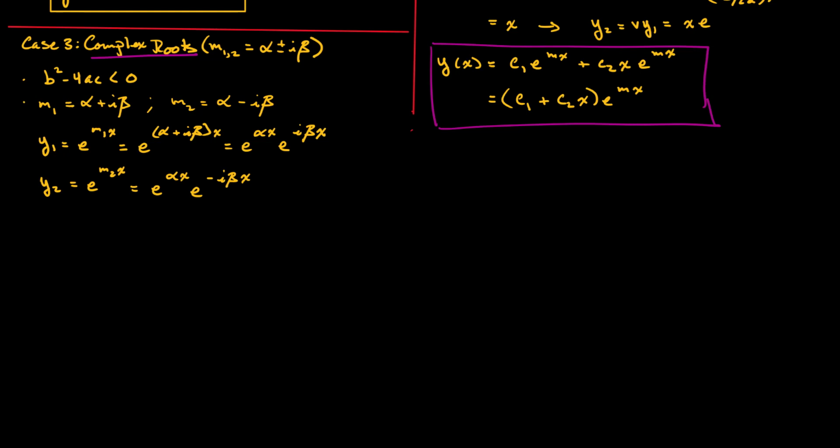Therefore, the general solution will look like y is equal to a, which is some constant, e to the alpha x, e to the i beta x, plus b, another constant, multiplied by e to the alpha x, e to the negative i beta x.